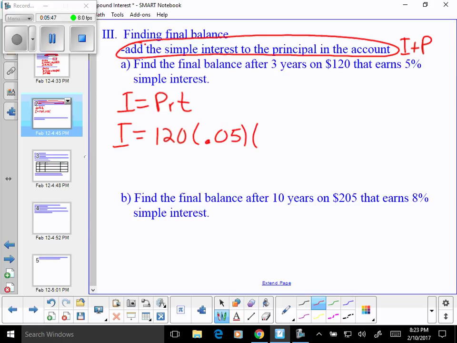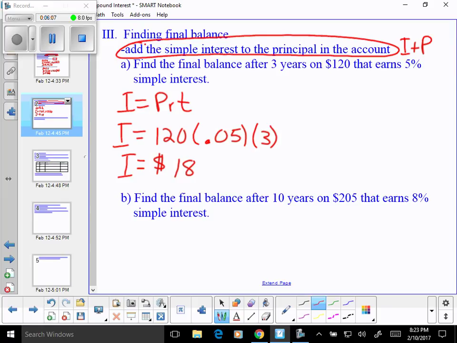T stands for time, but it has to be in years, and our problem has 3 years. When we put that into a calculator and input, we will get an output. Isn't very much, is it? $18.